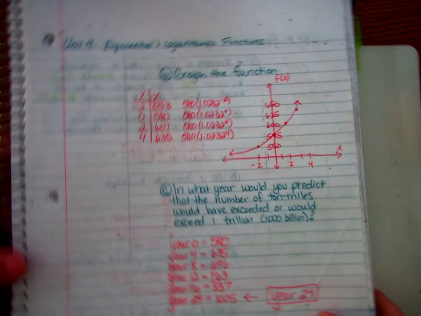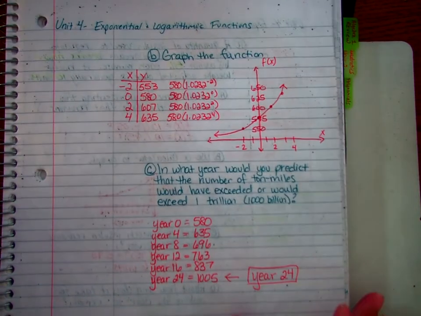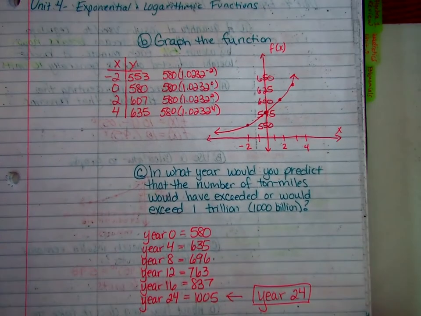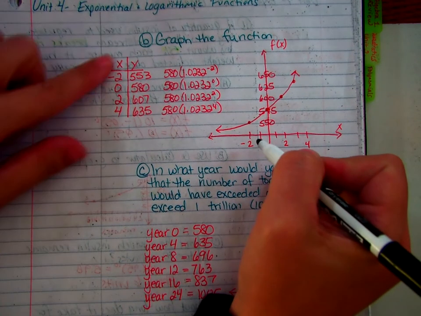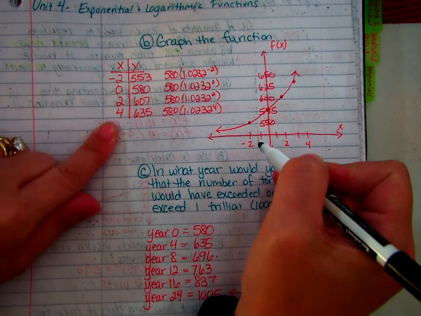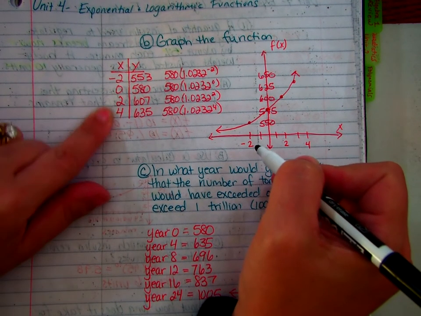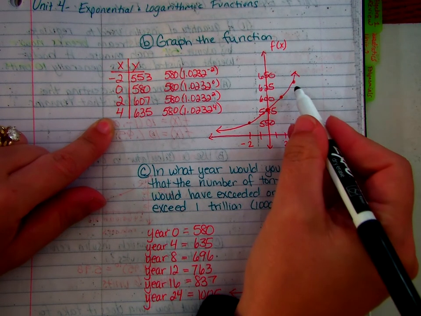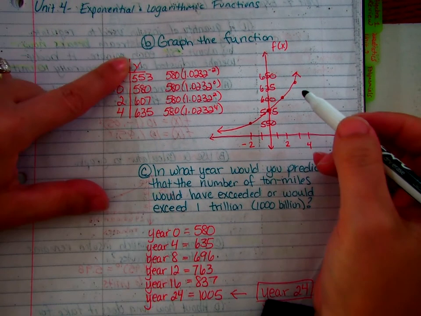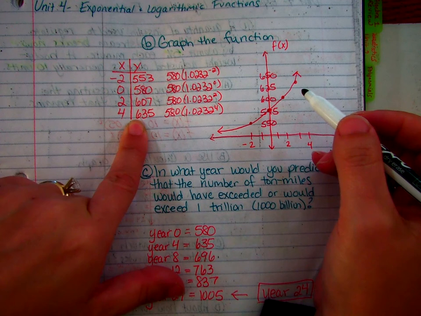Now, when they ask us to graph it, we pretty much like to stay around our origin. You can choose any x values you want. I chose a -2, a 0, a 2, and I wanted one more, so I added the 4. And my y values came out really, really high.